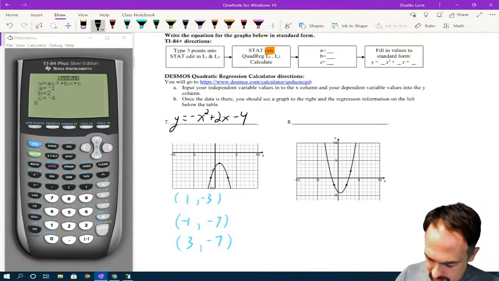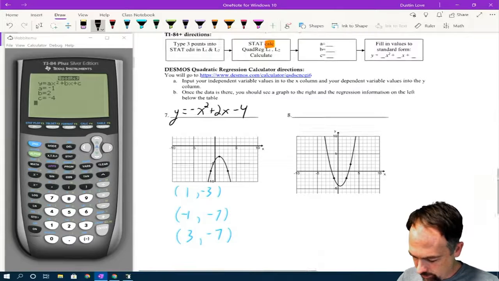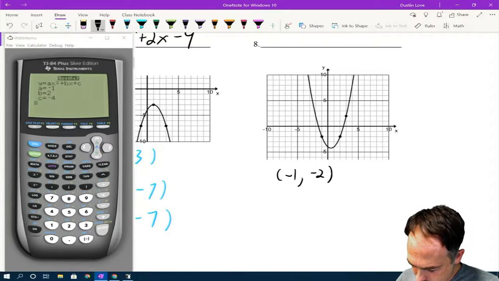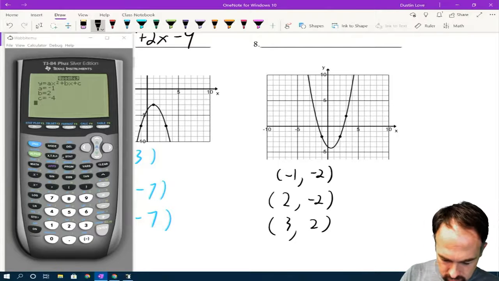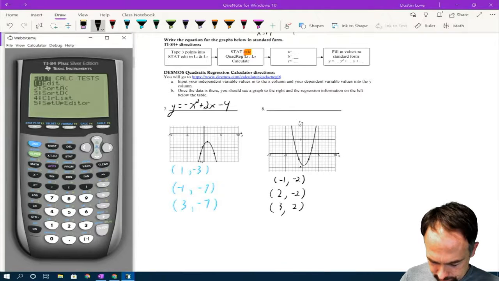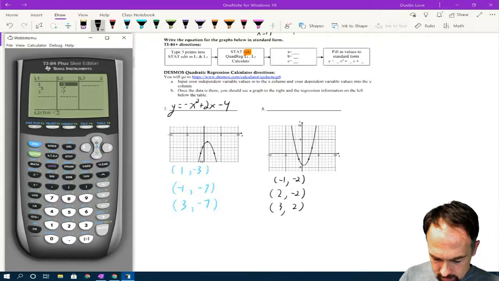Okay, let's do that exact same thing with the next one. Our 3 points here are (-1, -2), (2, -2), and (3, 2). Same steps as before. Go to Stat, Edit. Up and Clear, Enter.